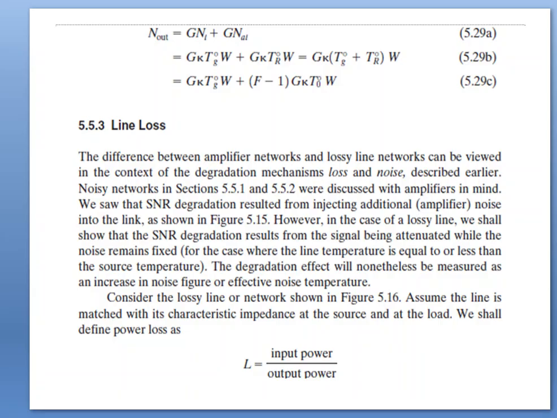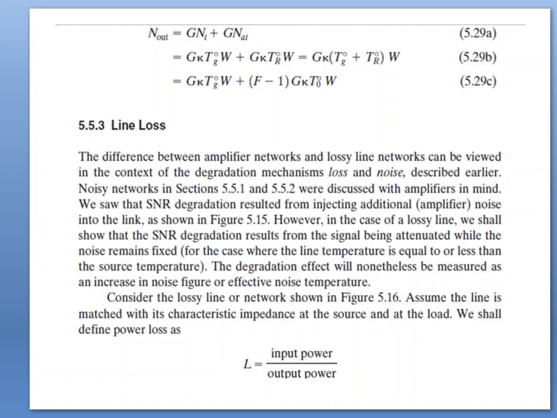That implies G k Ts W plus G k Tr W. If we take G k as common, (Ts + Tr) W. That implies G k Ts W plus, based on the above equation, G k (F - 1) T0 W. So here we get the final equation G k Ts W plus (F - 1) G k T0 W, where Ts is the temperature of the source and T0 is equal to 290 degrees Kelvin.